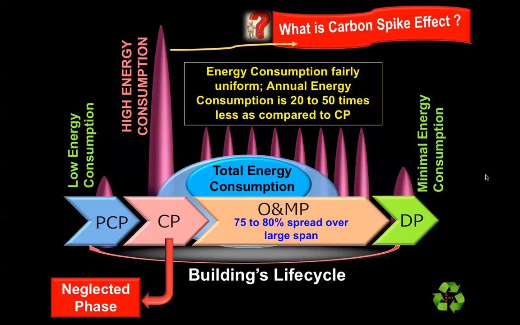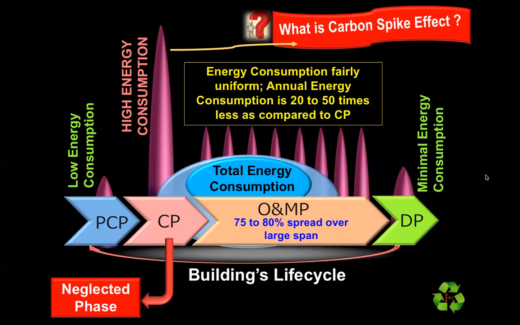So the most of the energy spent, though it is extremely high in the operation and maintenance phase, is equally distributed, and more or less streamlined for the simple reason that we have gadgets, we have appliances which have become more and more energy efficient. So the actual problem comes in the construction phase, where an extremely high intensity of carbon dioxide or greenhouse gases are emitted in a very short duration.